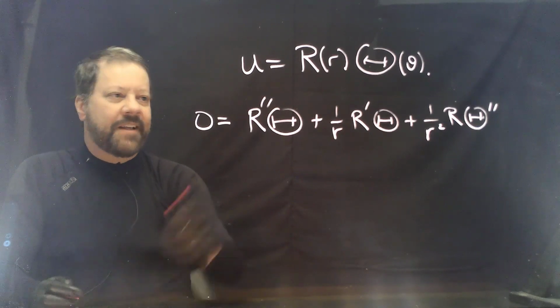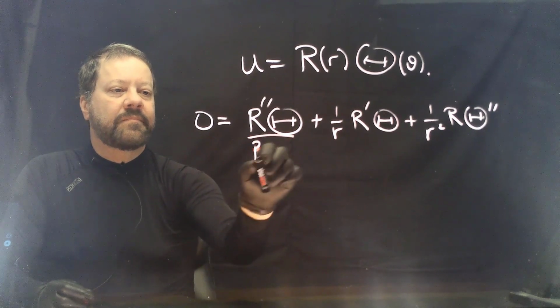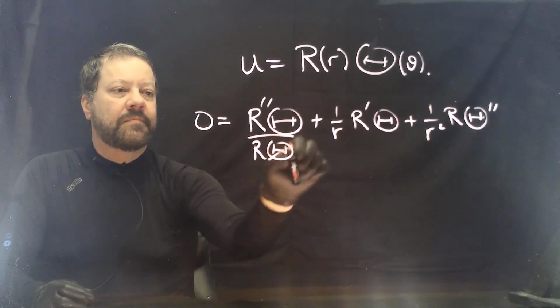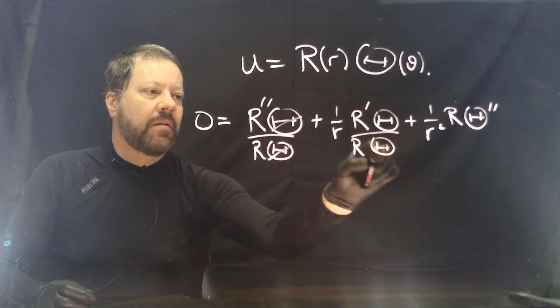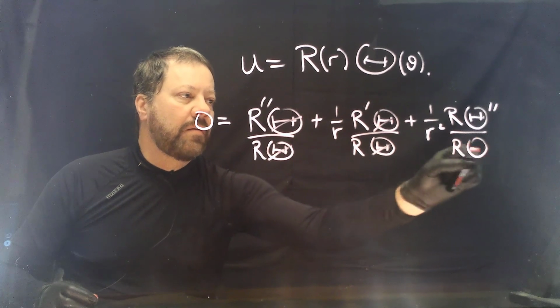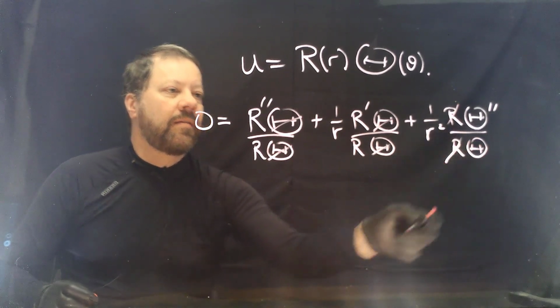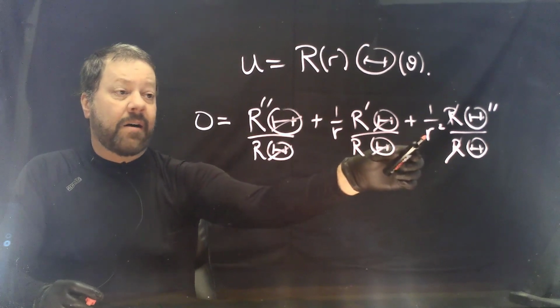We'll divide everything in sight by R Theta, and maybe even multiply both sides by r squared.